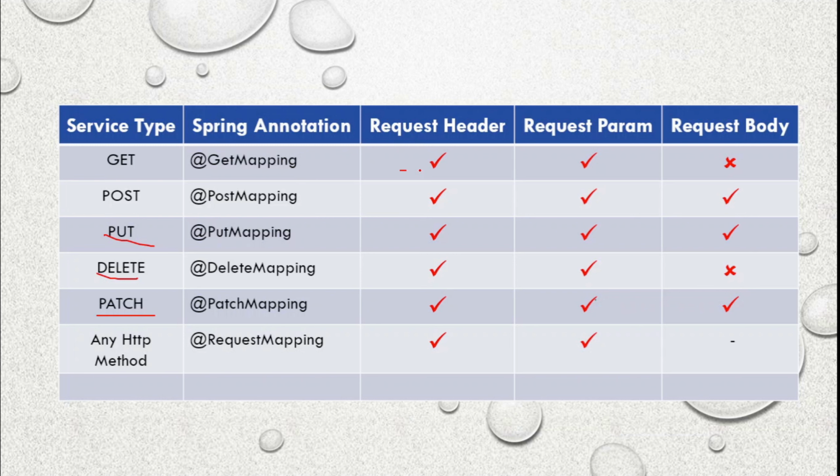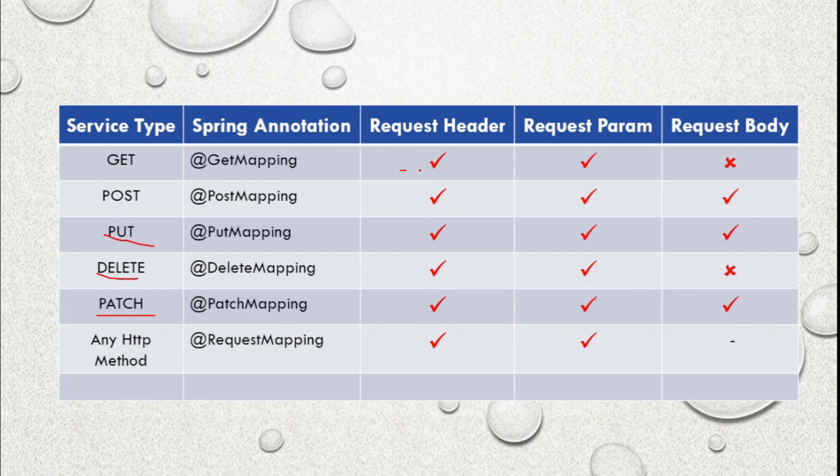So we only have two options to send data from the client to the backend: the request header, which is basically used for sending the metadata, and the request param, which is the only other thing we send for that service.